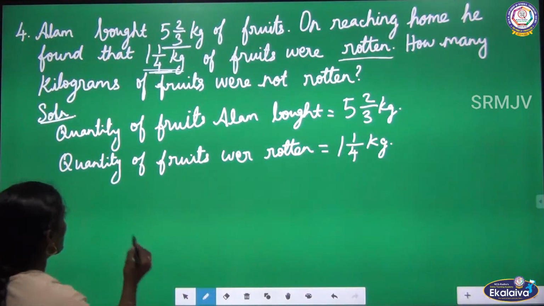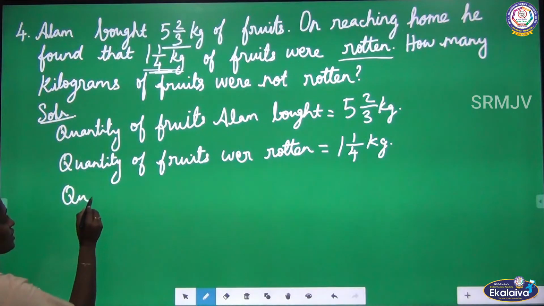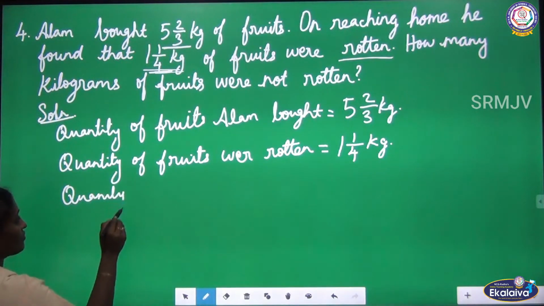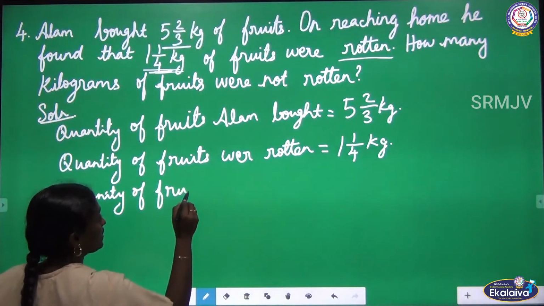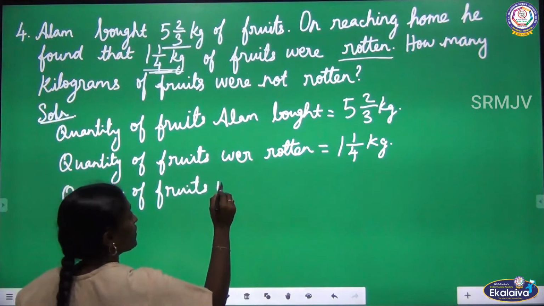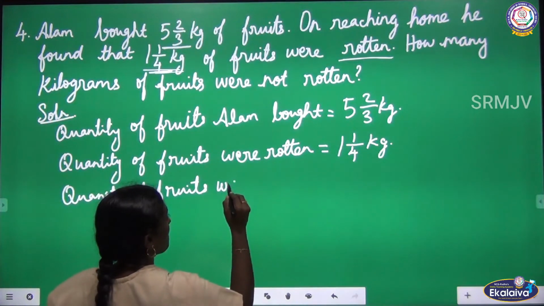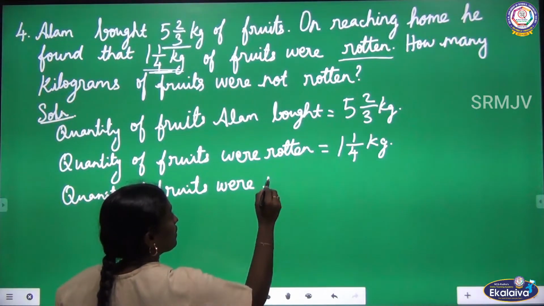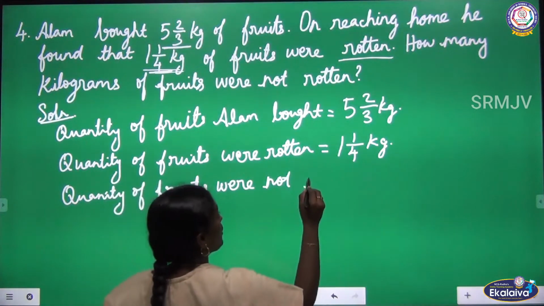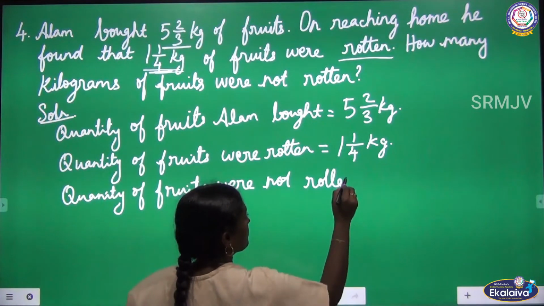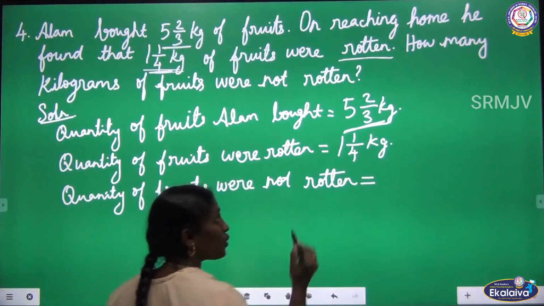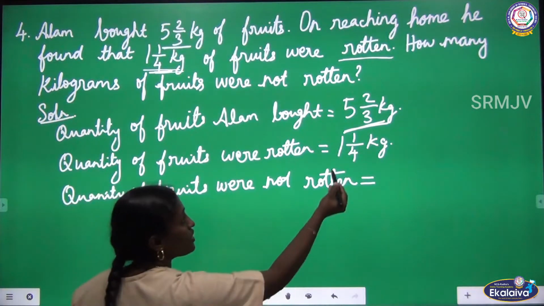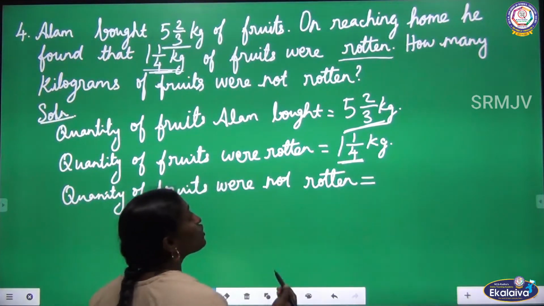Now we are going to find the quantity of fruits that were not rotten. For this, from the whole quantity we are going to subtract the quantity of fruits rotten.